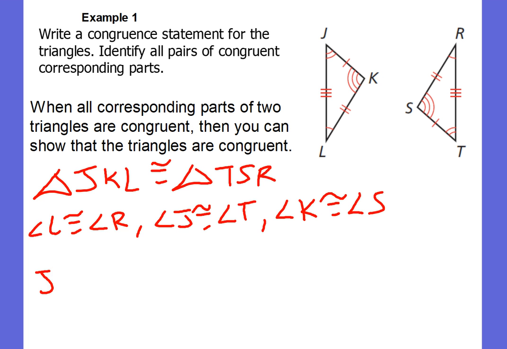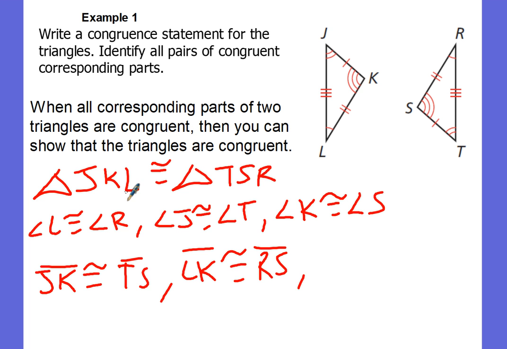Now what about all the sides? Segment JK is congruent to what side? I went from J to K. JK matches with TS. Notice the order. Now I have LK. Well, what order did I go in? I went LK, so that's RS.